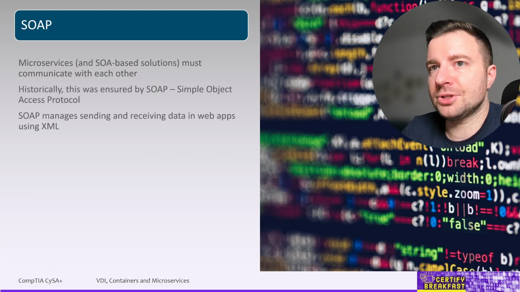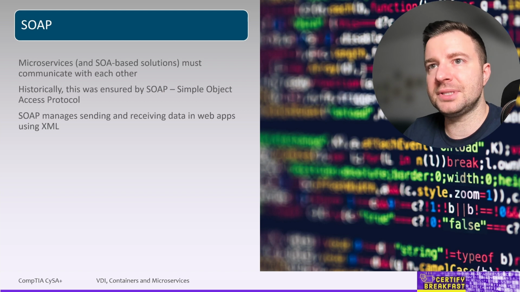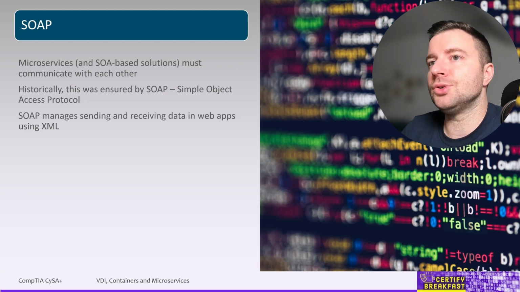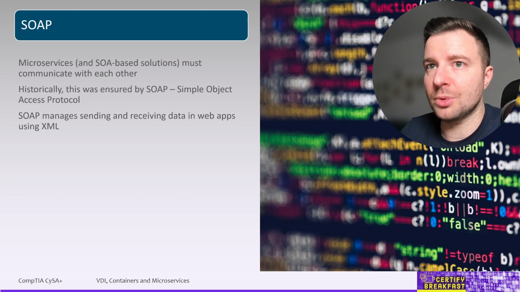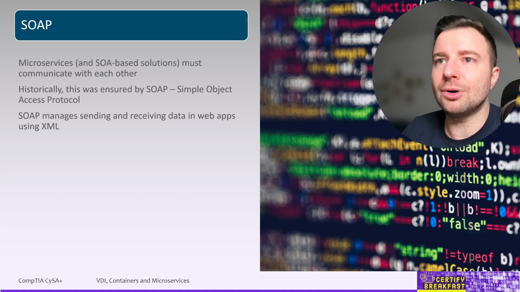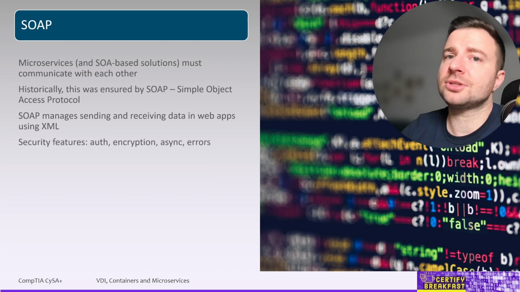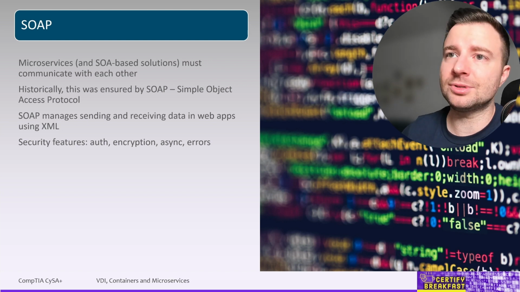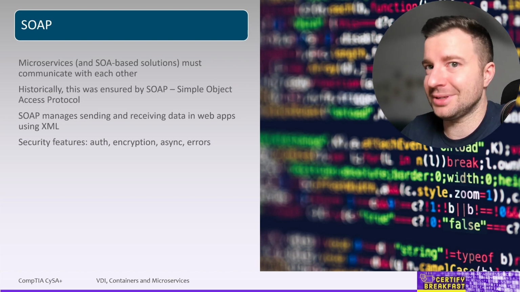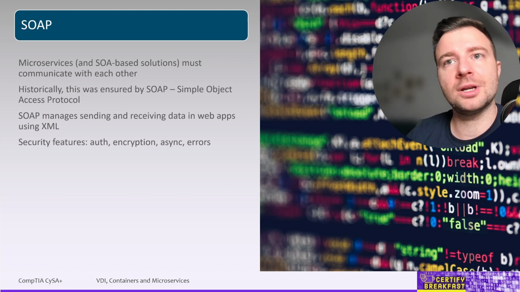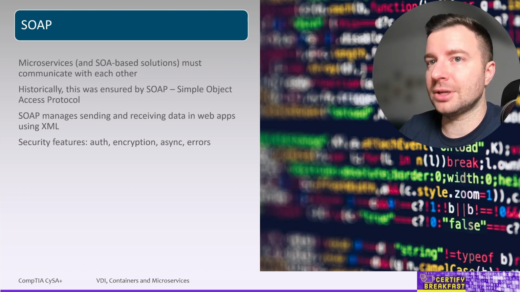SOAP manages the sending and receiving of messages between application components in SOA using XML messages, and along with its complexity, it is a very high overhead protocol. SOAP is not complex just for the sake of being complex, but it also has some welcome built-in features, also called security extensions. It implements authentication, it supports encryption, it can support asynchronous communication, and advanced error handling.